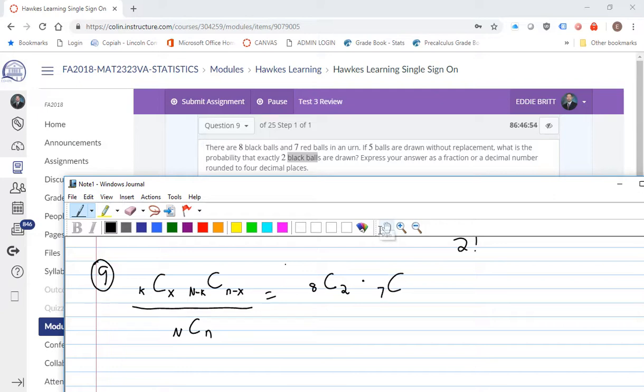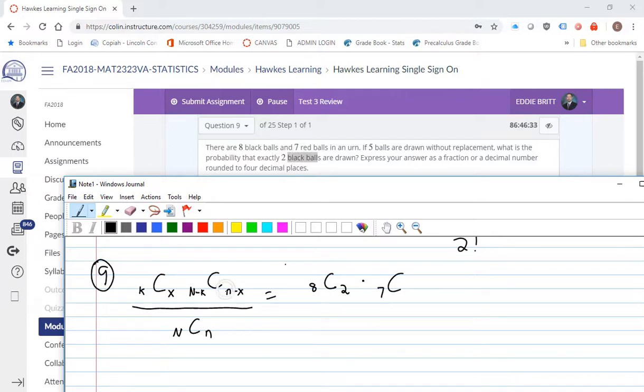C, and then little n is the number of balls that we're going to draw out. So little n is 5, and then of course x again is the number of black balls that we wanted.